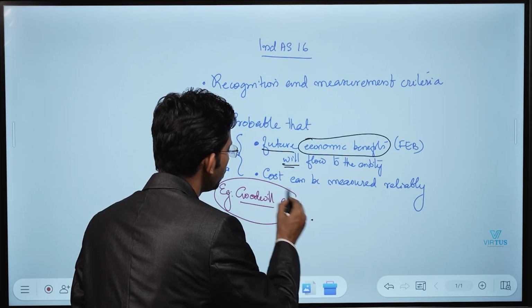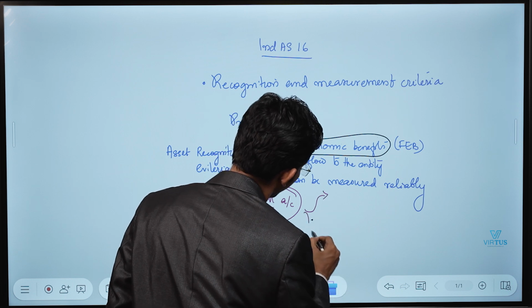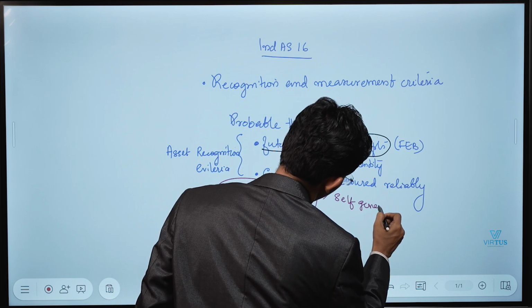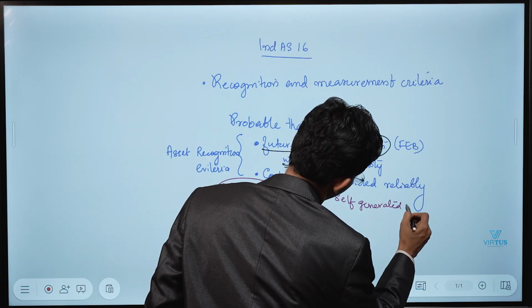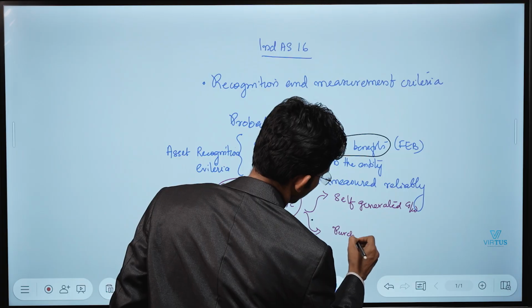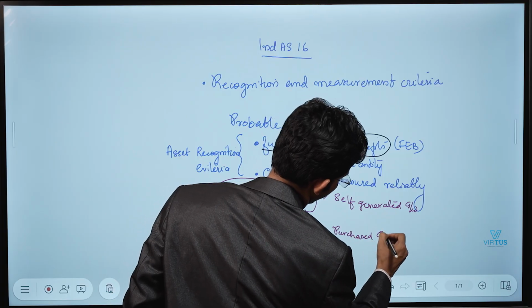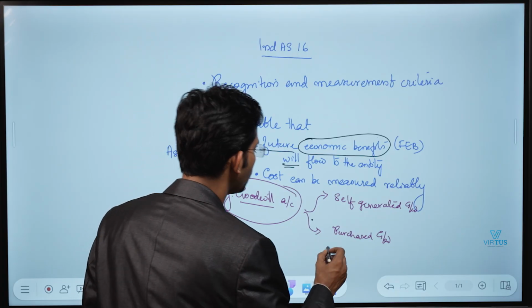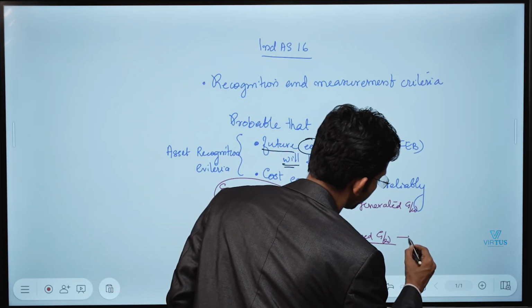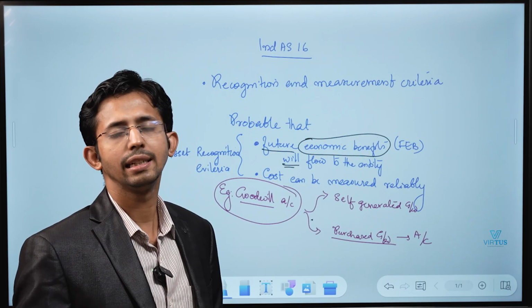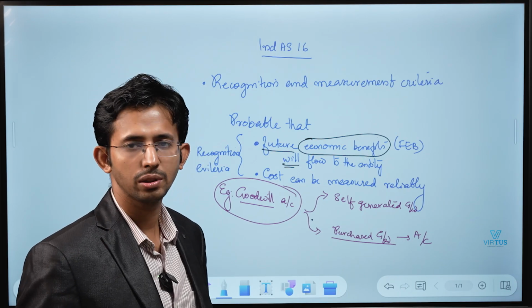In case of goodwill, you all know there are two types: self-generated goodwill and purchased goodwill. You may have heard that purchased goodwill is something you account for in the books of accounts as an asset. You recognize purchased goodwill in your books.